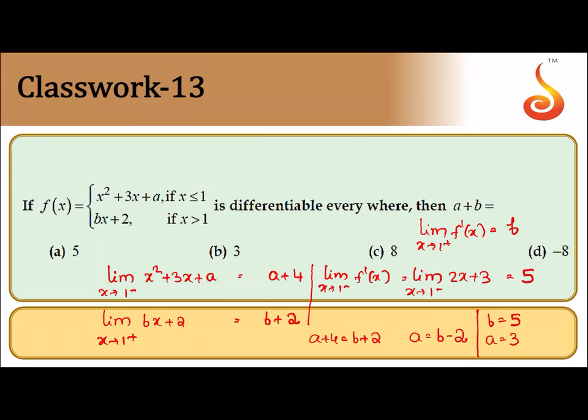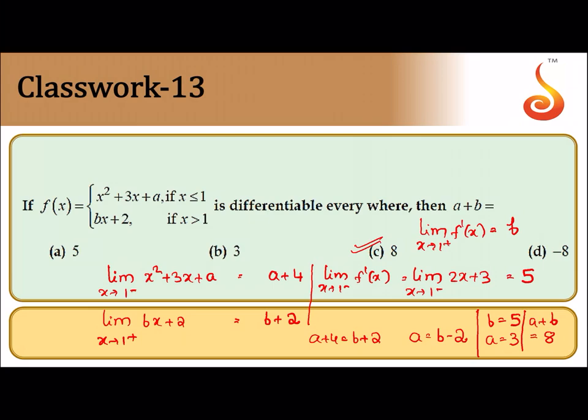And limit x tending to 1 plus f dash x will give you b. So b equal to 5. If b equal to 5, a equal to 3. So a plus b is equal to 8.